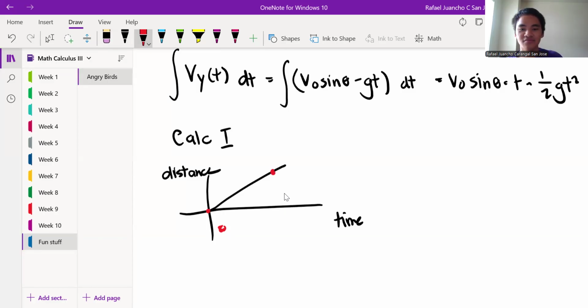After some time, let's say after 5 seconds, our car has traveled this amount of distance.